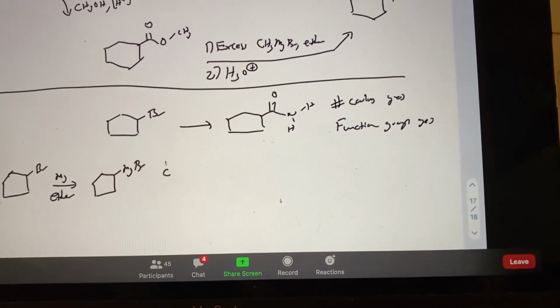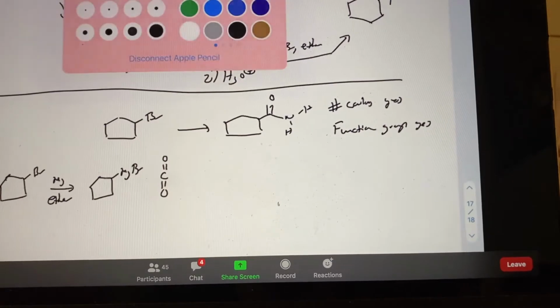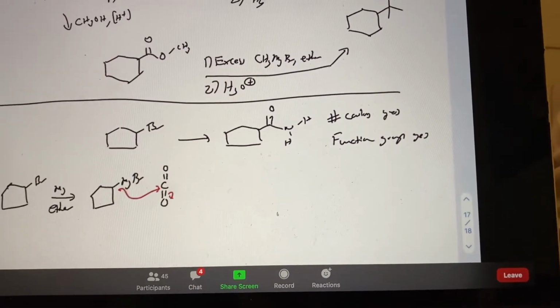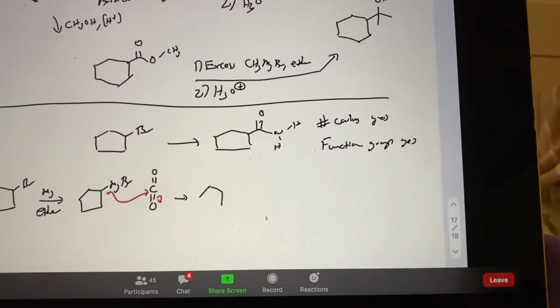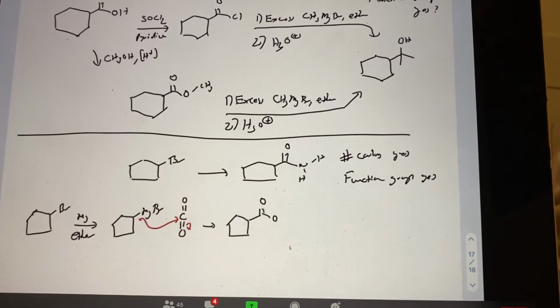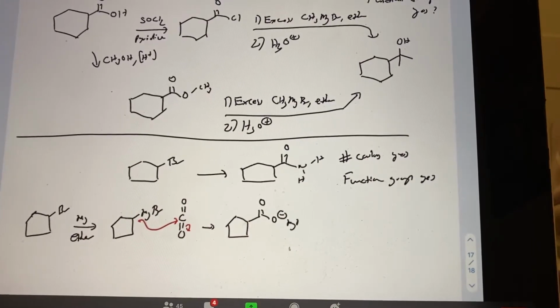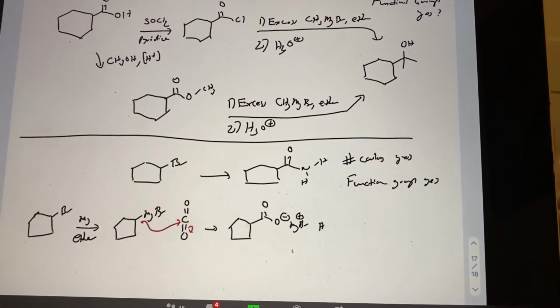and then react this with carbon dioxide. And we saw that this will react with carbon dioxide. I'll draw the mechanism out for this step because this is the key one. So we ended up having this. And then we could go ahead and protonate this.